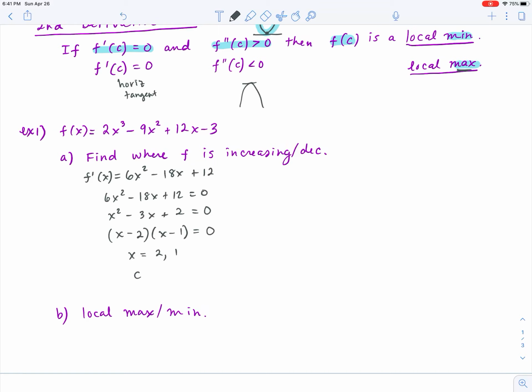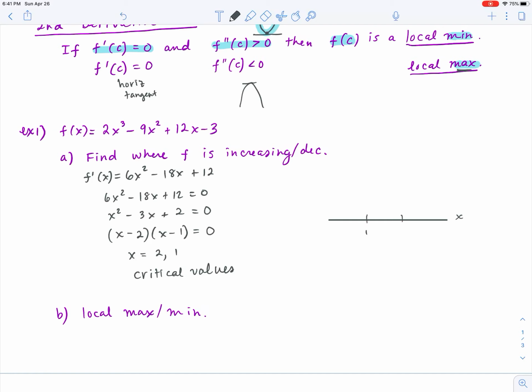These are critical values. And I just spelled values in a really weird way. There we go. Okay, and so what we want to do with that information is make an x-axis here and make a sign chart.